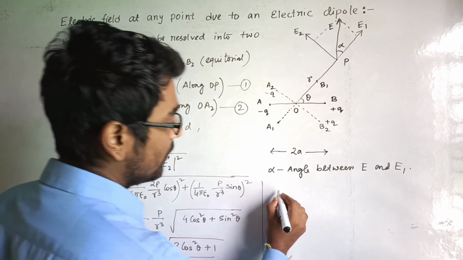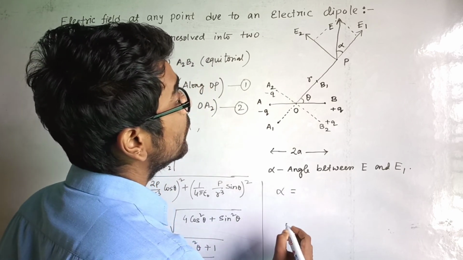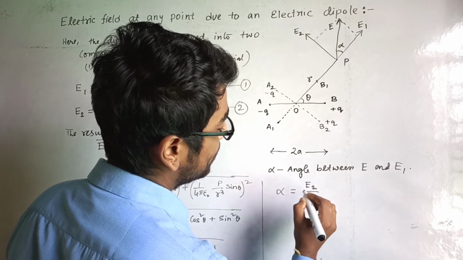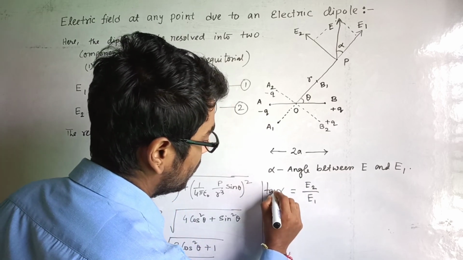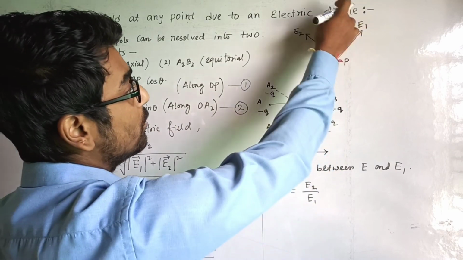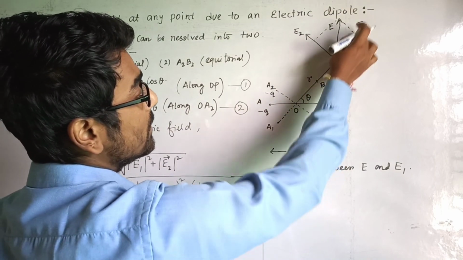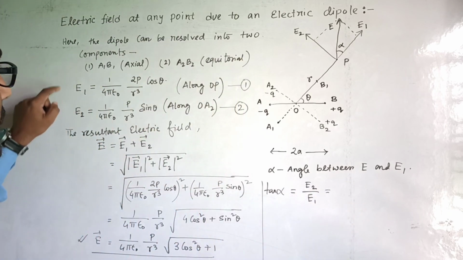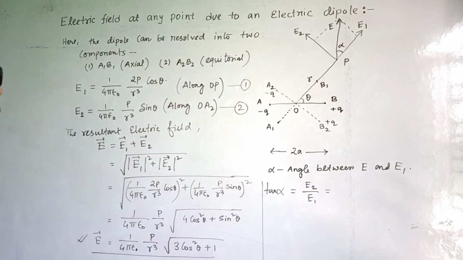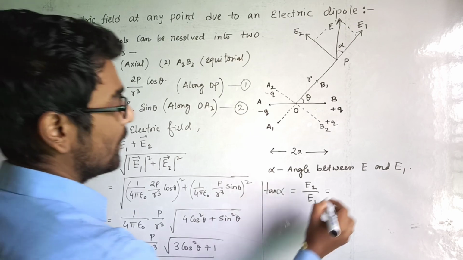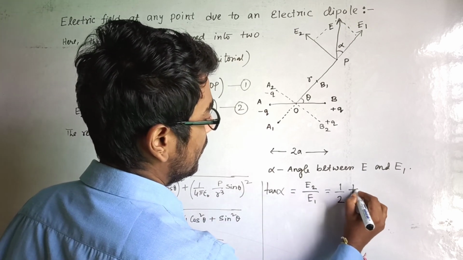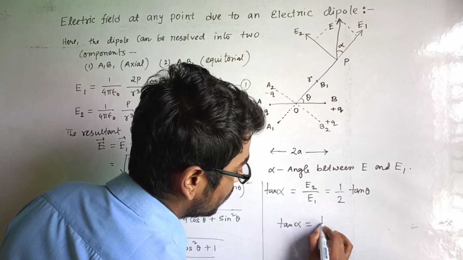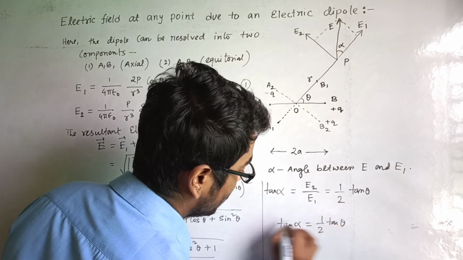For direction, tan alpha is equal to E2 divided by E1. If we put the values of E2 and E1 here, we will get half tan theta. So hence tan alpha is equal to half tan theta.